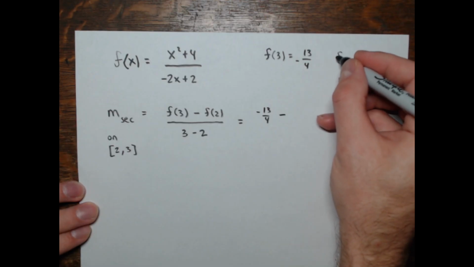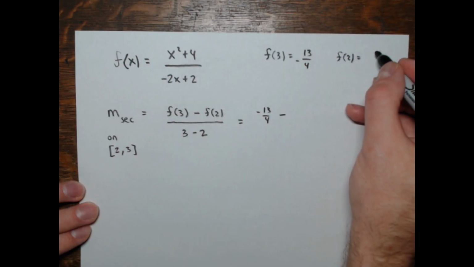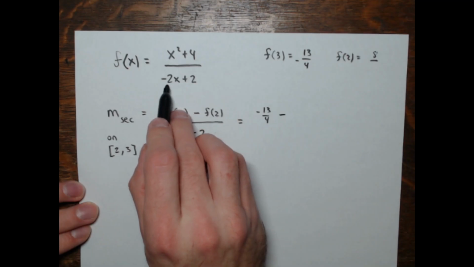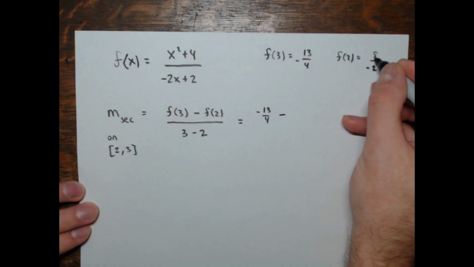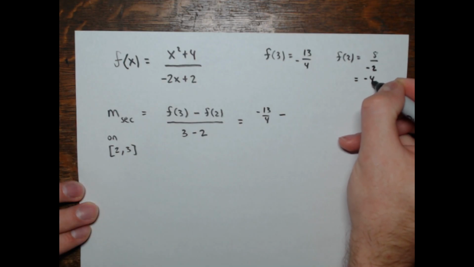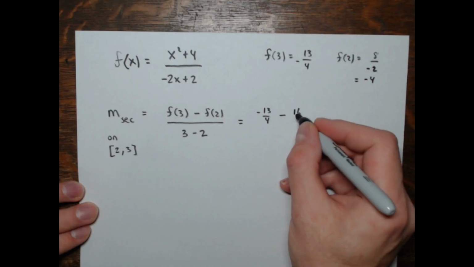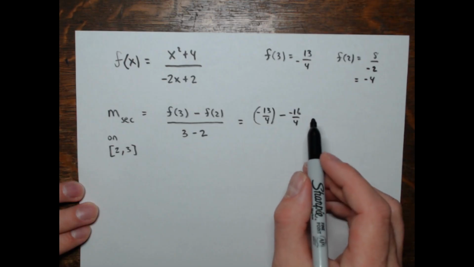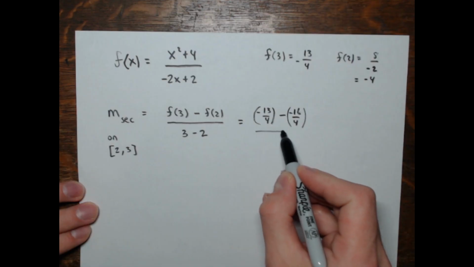Then minus f at 2, which is 4 plus 4, so 8 in the numerator, and plugging in 2 down here, negative 4 plus 2 is negative 2. So this is negative 4, which, getting a common denominator, is negative 16 fourths. So negative 13 fourths for f of 3 minus negative 16 fourths for f of 2.